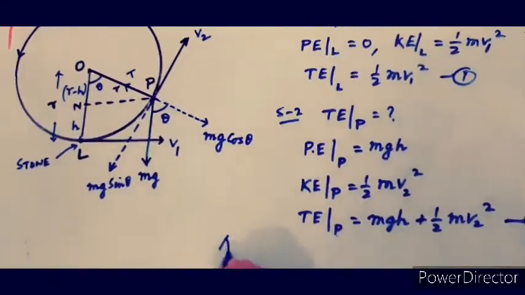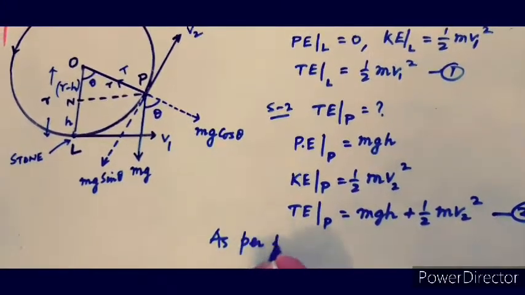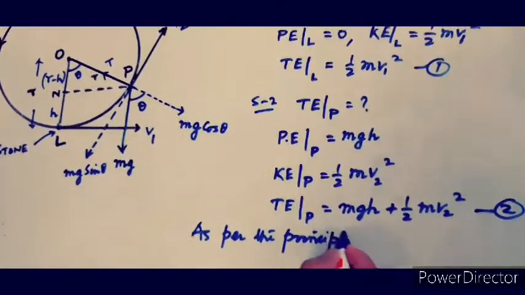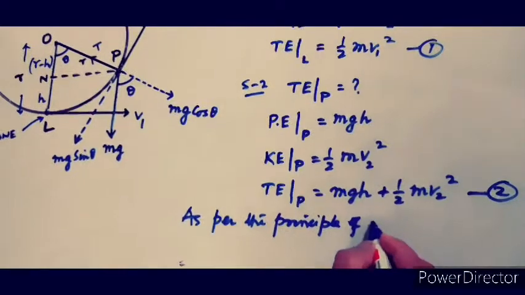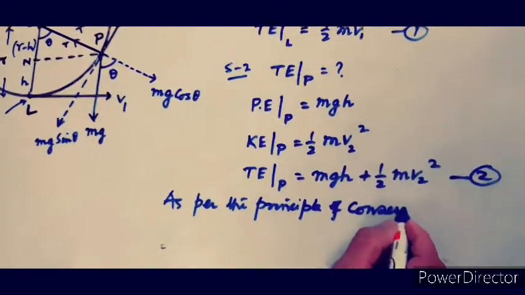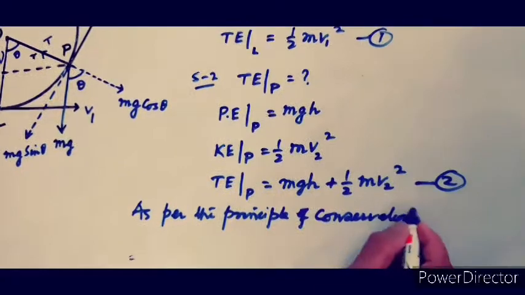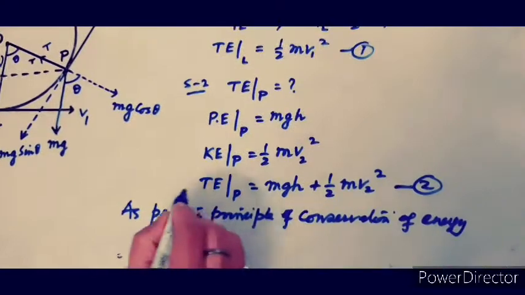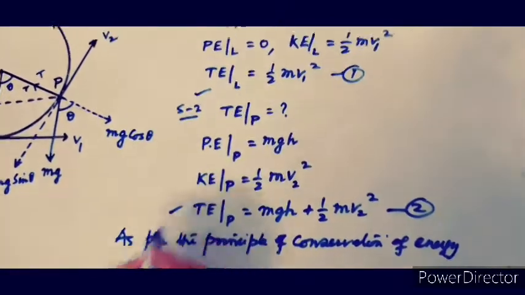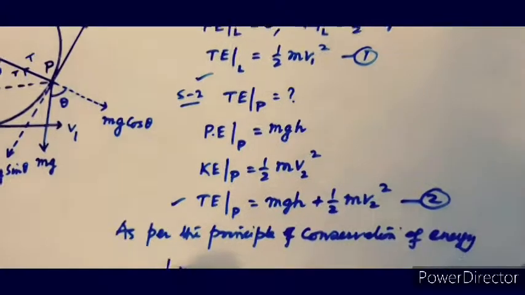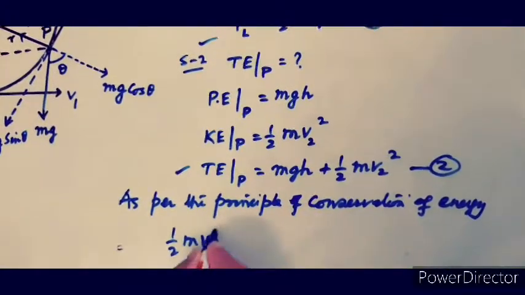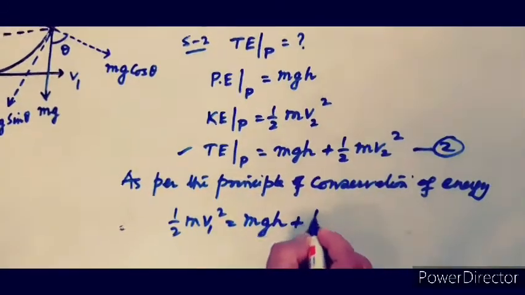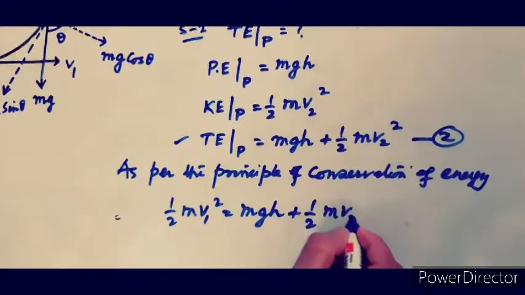So as per the principle of conservation of energy, this should be equal to this. So half m v1 square is equal to m g h plus half m v2 square.